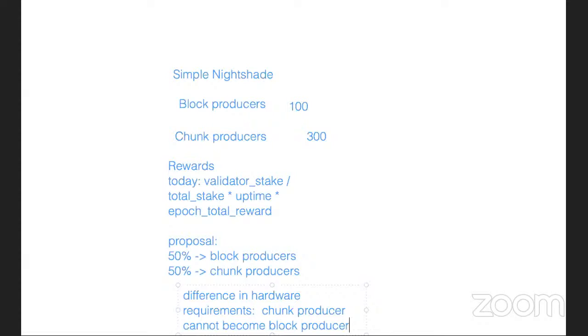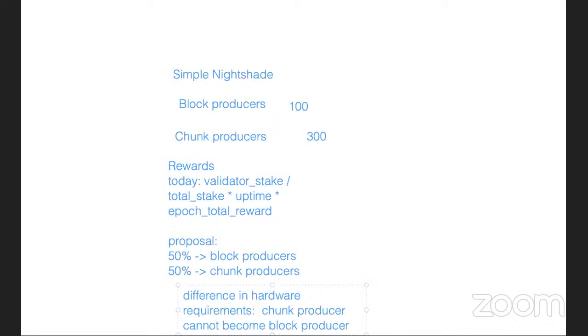But assuming they're just running normal hardware, like the requirement we have today, then chunk producers cannot become block producers. If they do, that's quite problematic, because not only will they not be able to keep up with the network and miss blocks, the network will also suffer, because they're pretty much attacking the network by not being able to keep up with it.